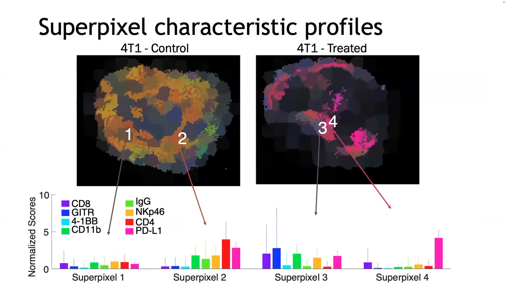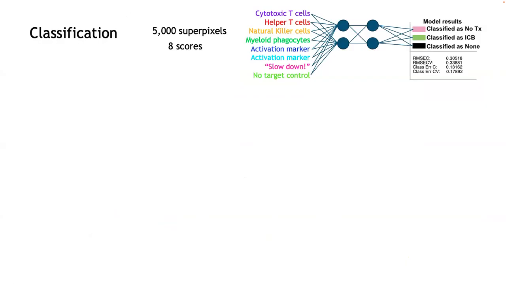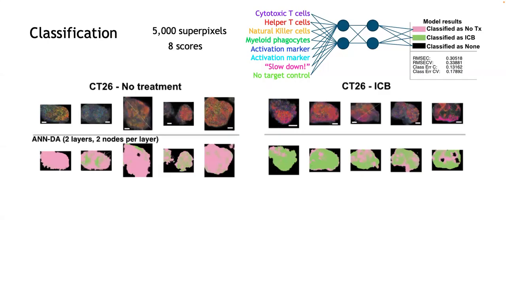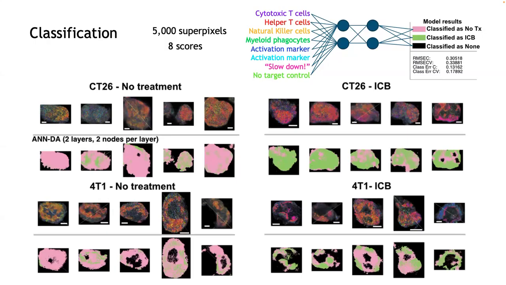So we can ask ourselves, what is the difference between the superpixels from the treated animal versus the control? And we can use this as input to a machine learning model, where we input for all the superpixels the scores as the data set, and then we try to identify what is representative of each of the categories, the treatment, the non-treatment, and the no tumor, and then use that information to classify the superpixels into categories and see whether the treatment has had an effect or not.